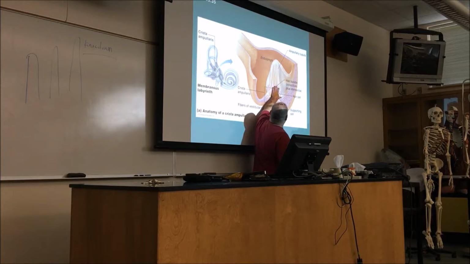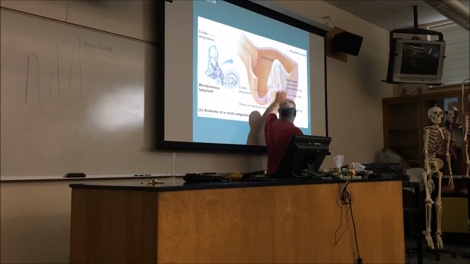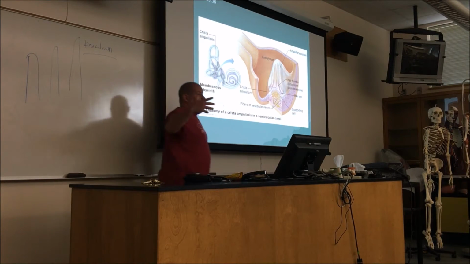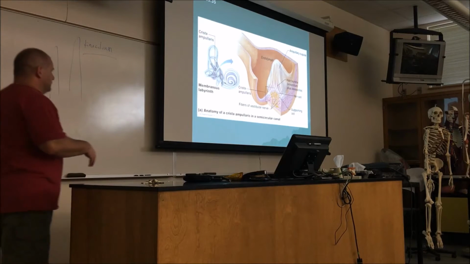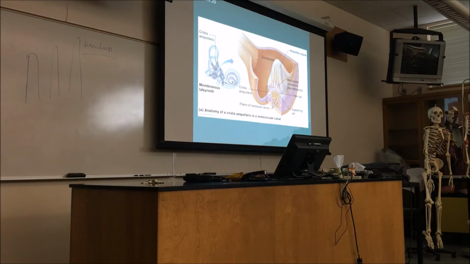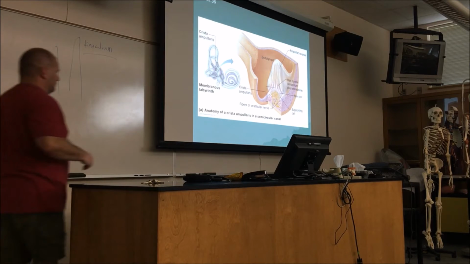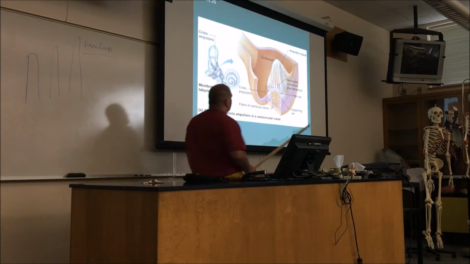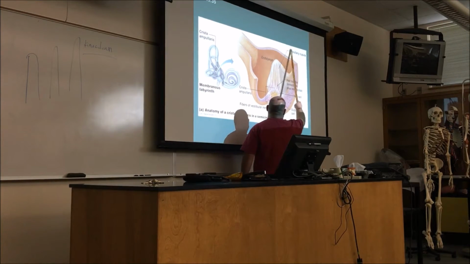And then we move up and we have our stereocilia with our kinocilium, the tall one. Now, it also has this mass that kind of sits on top of it, and it's referred to as the cupola.